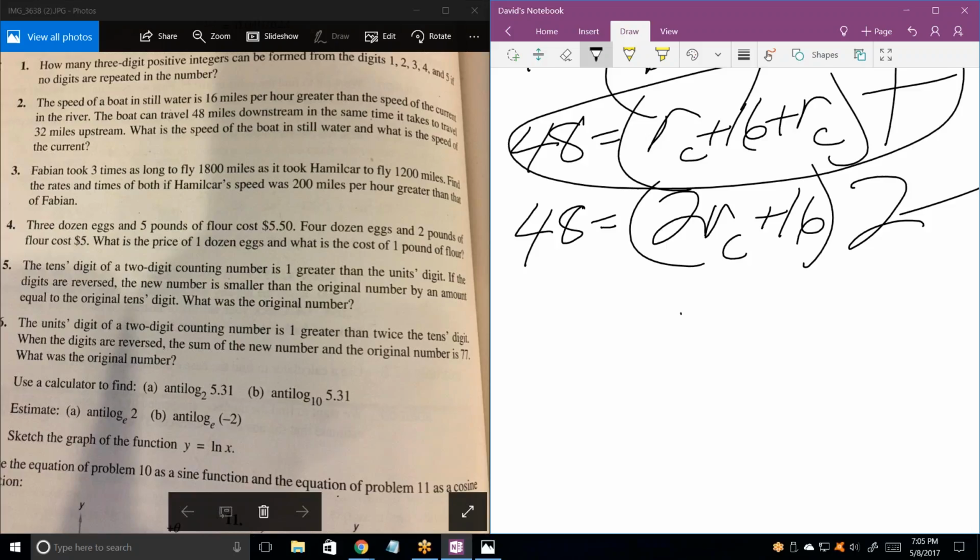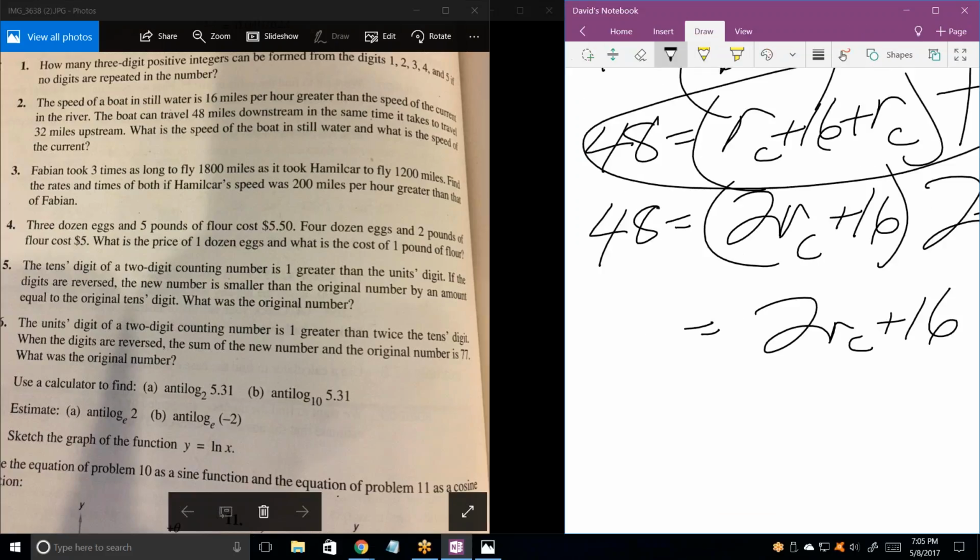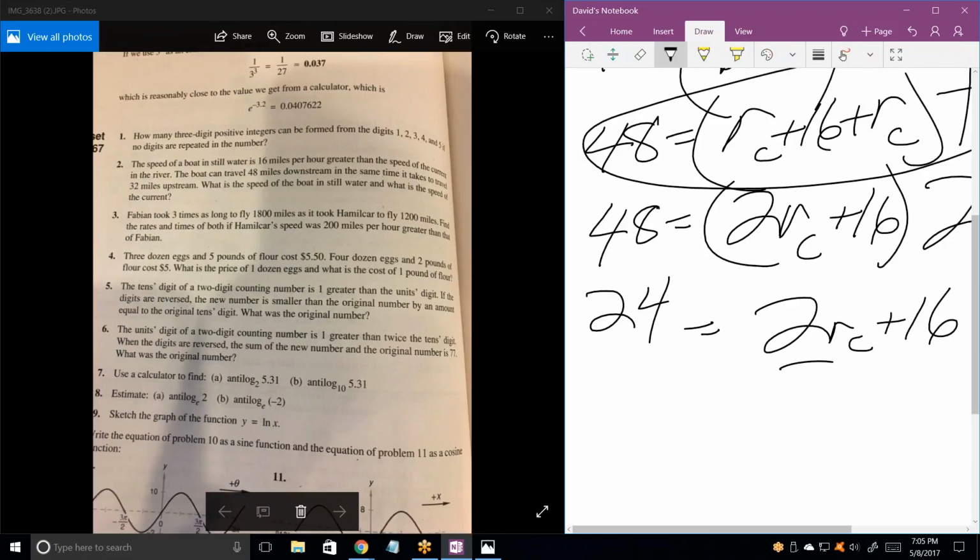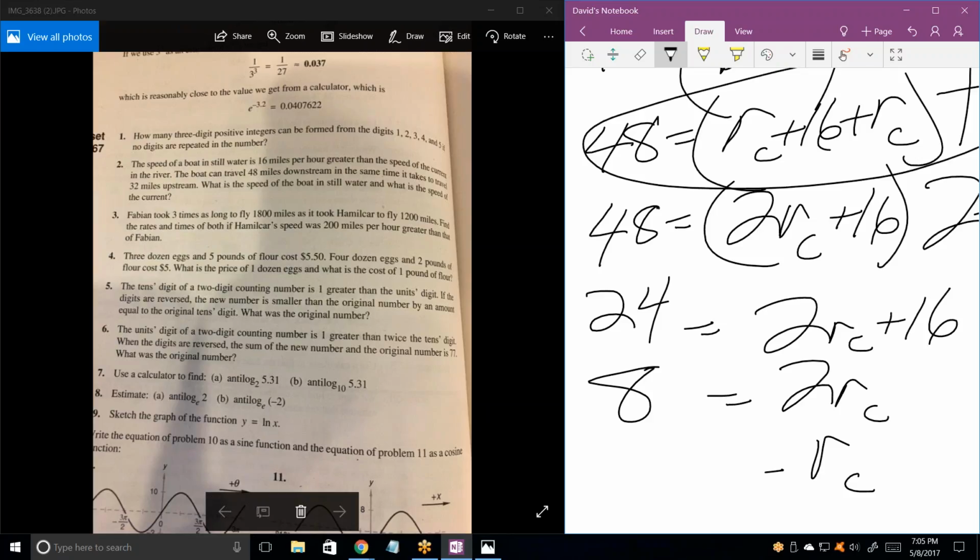In other words, 2r sub c plus 16 equals 24. 2r sub c equals 8. The rate of the current equals 4 miles per hour.